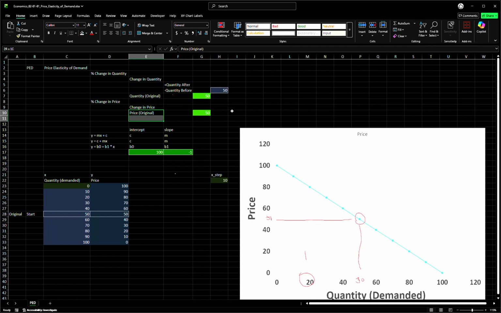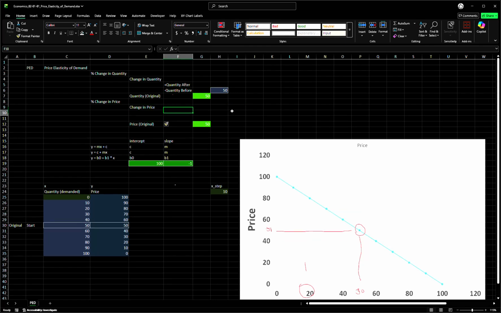Which is the dependent and which is the independent variable can be discussed later, but mathematically, if we look at this graph the way it's drawn, it looks like quantity demanded is the independent variable.